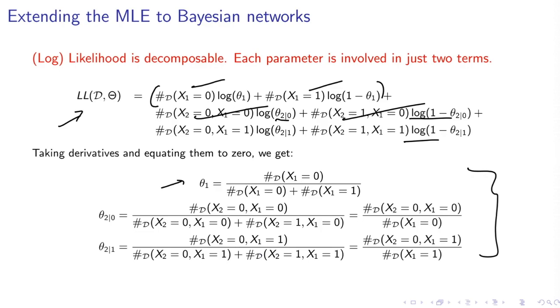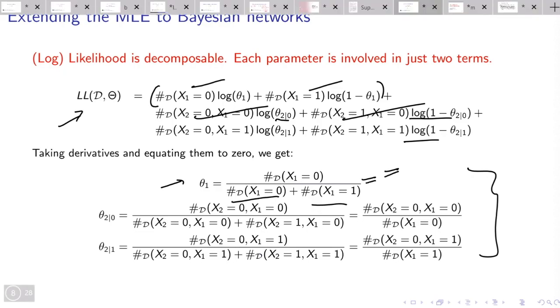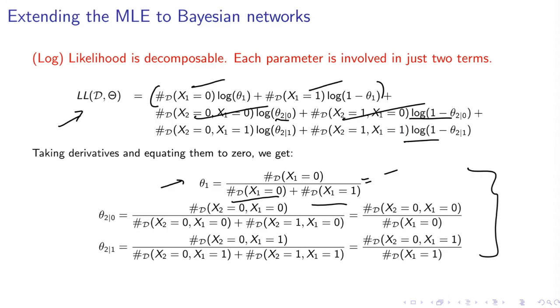Theta 1 is equal to the number of data points that have x1 equals 0 divided by the number of data points that have x1 equals 0 plus the number of data points that have x1 equals 1. Another way of saying this is nothing but the number of data points that have x1 equals 0 divided by the total number of examples. And let's say there were m examples.